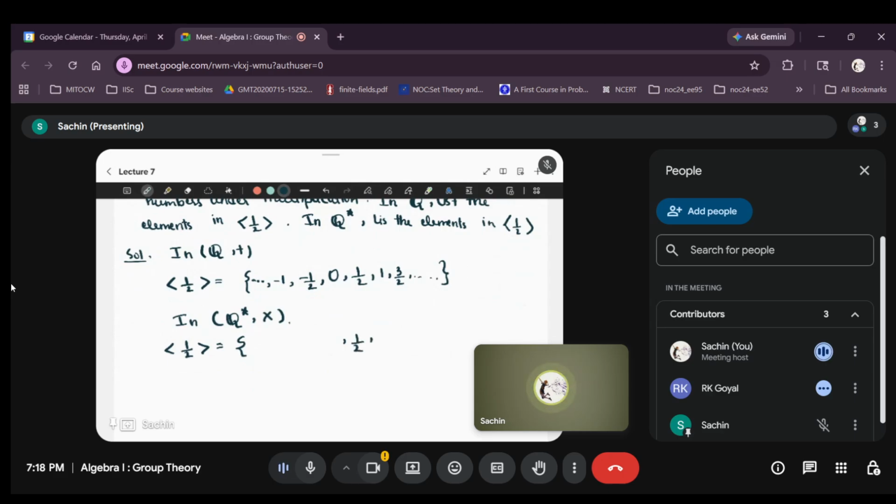What about the other elements? 1 by 8 also, on the positive side.